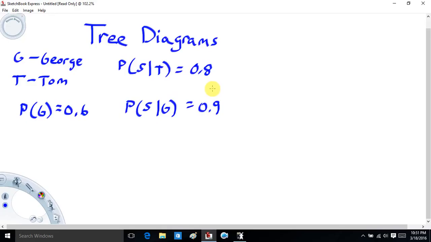The question you're asked is find the probability that you get Coach George and you get a scholarship. That's question number 1.